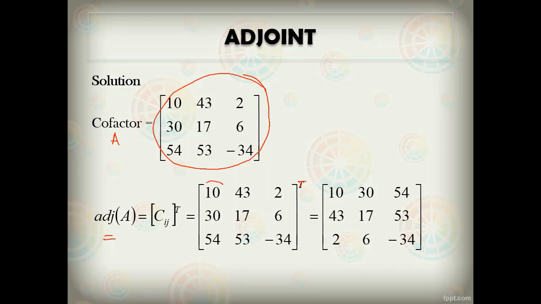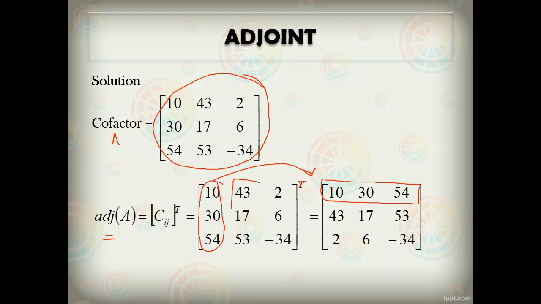Our first column becomes our first row: 10, 30, 54.